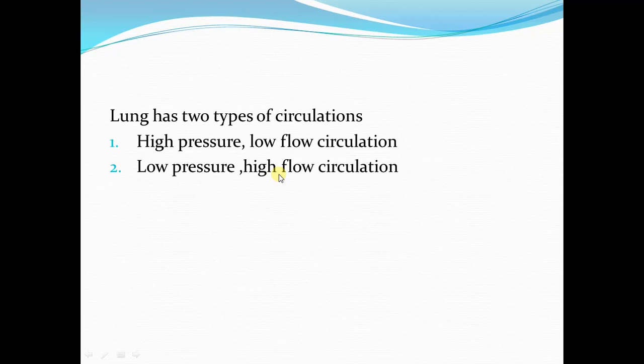So two types of circulations are there in the lungs: a high pressure low flow circulation formed by the bronchial vessels, and a low pressure high flow circulation formed by the pulmonary blood vessels.